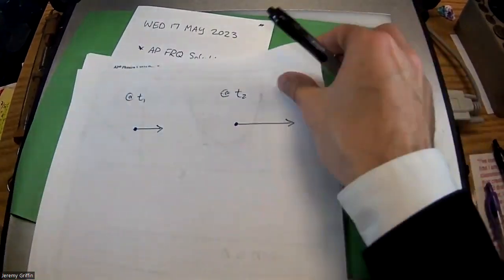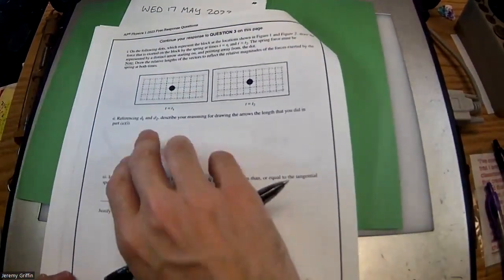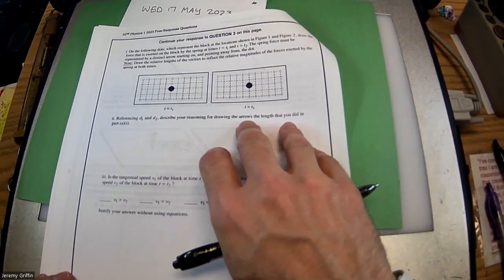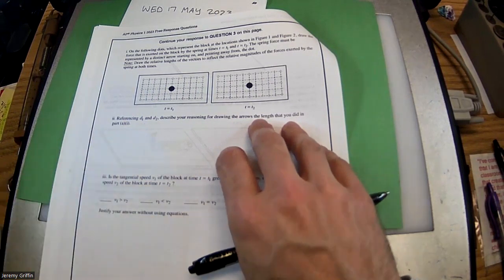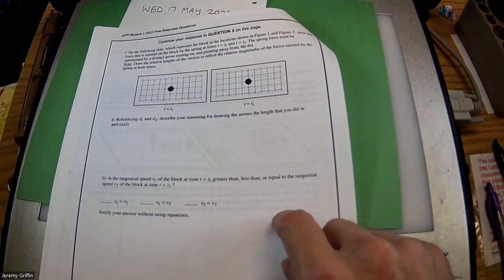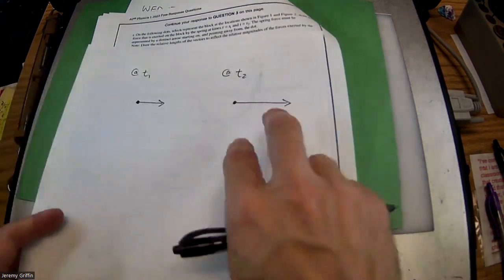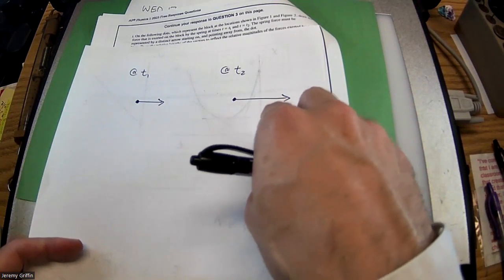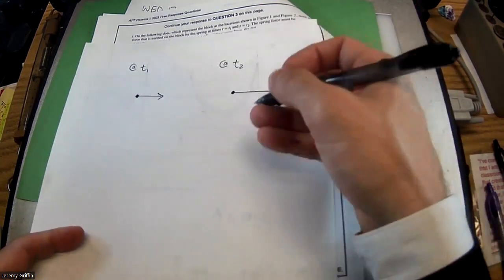Referencing D1, D2, describe reasoning for drawing the arrows the length that you did. So basically, why would this be greater than this? I might say that you have to spin it faster for it to stretch more, and maybe something to do with centripetal force.